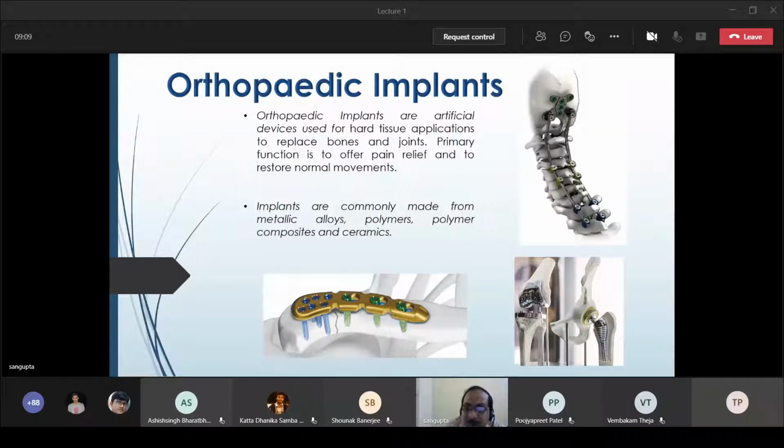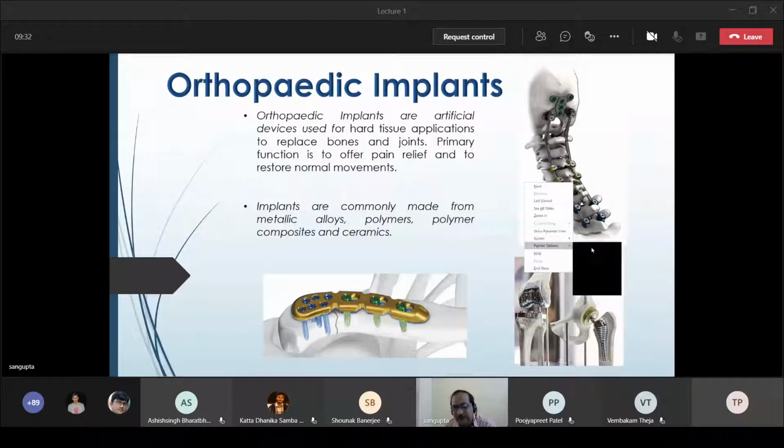But remember, apart from joint replacement, the very elementary level implants are plates and screws, used for fracture fixation. Here you can see in the picture, of course, you have seen knee implants earlier. I have shown you hip implants, but on the right is a spinal implant.